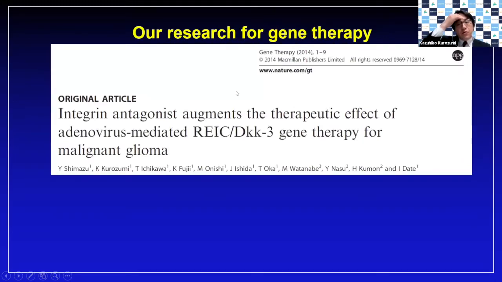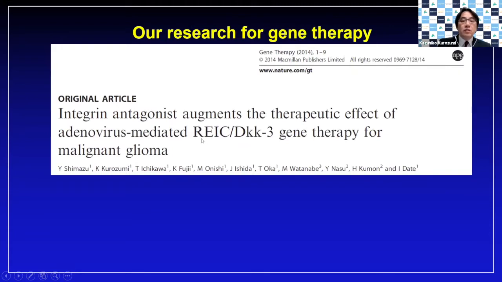For example, this is my project at Okayama University, Reg gene therapy. Reg, DKK3, is reduced expression in immortal cells. This is a tumor suppressor gene, found at Okayama University in 2000.